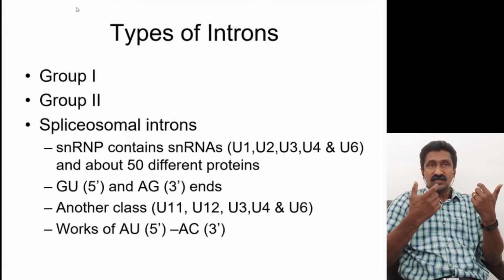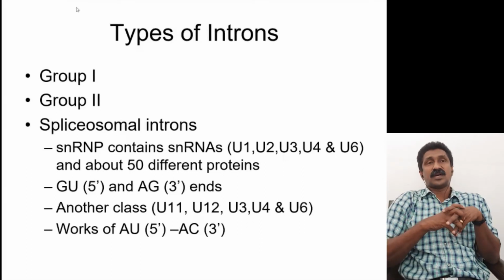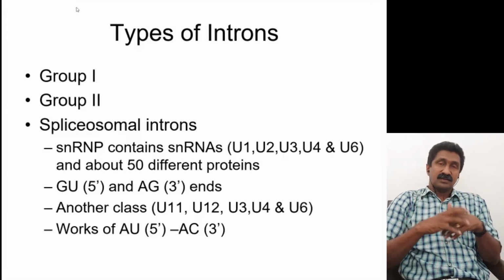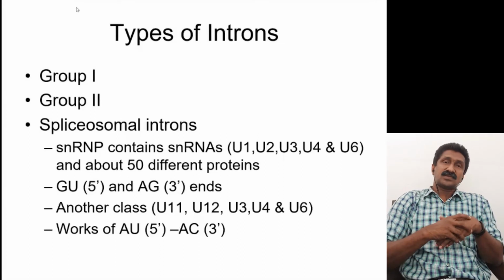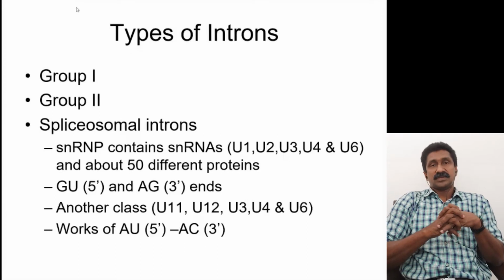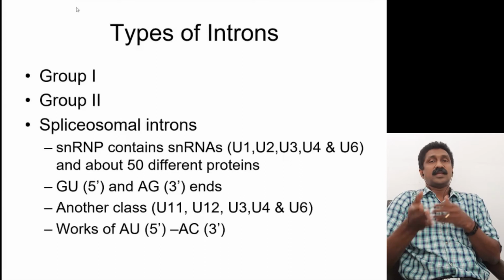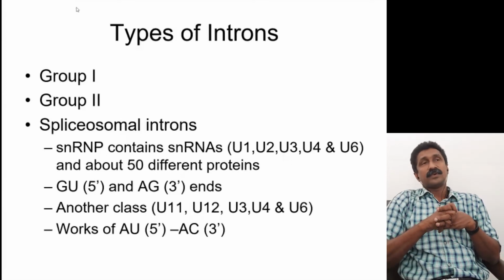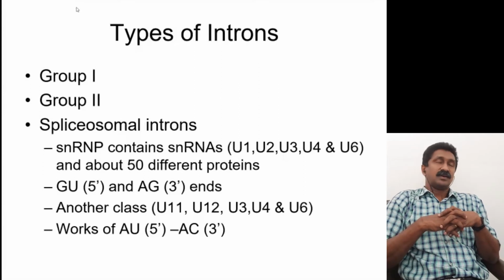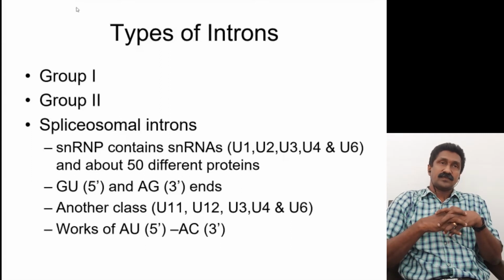Either GU and AG ends, which use one set of snRNPs and snRNAs, or AU and AC ends, which use another class of snRNPs and snRNAs, or another configuration of the spliceosome. And that spliceosome aids in the removal of the intron from the RNA. So this is about different types of introns. Is it clear?